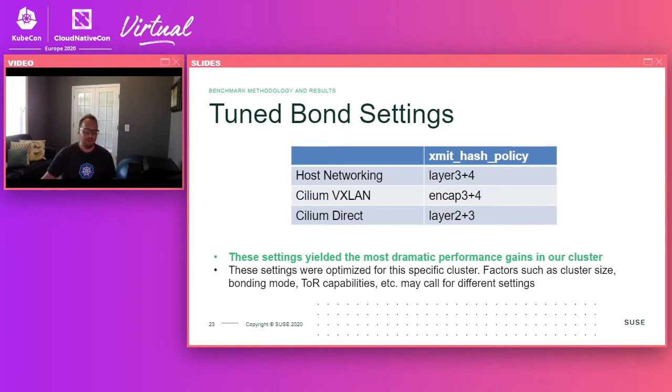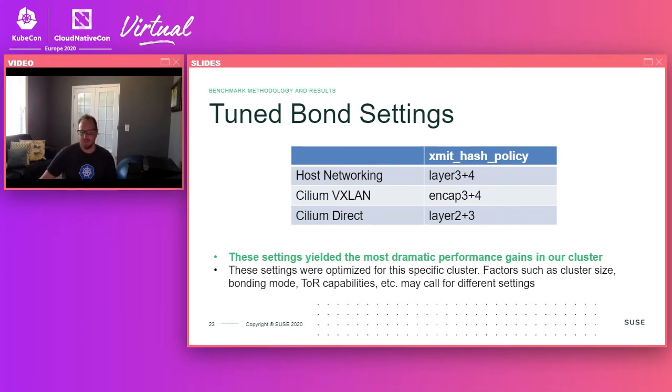So, with host networking, we use the layer 3+4 hash policy, which just takes into account your source IP, your destination IP, your source port and your destination port, feeds those into the hash algorithm, and determines which NIC a packet goes out on based on those parameters.